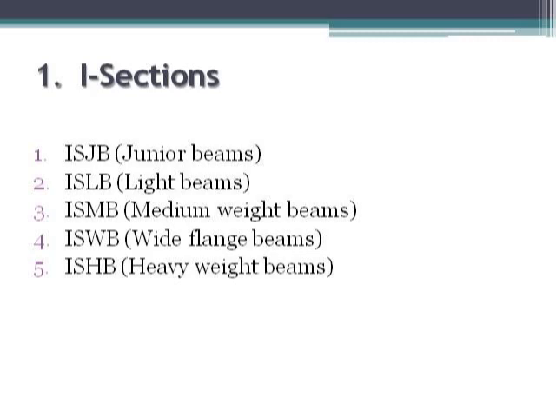We need to note that for the same weight, out of the available sections, I section will provide more moment of inertia or section modulus about its principal axis. Hence, I section is the most economical or efficient section for a beam or girder amongst all the available sections.